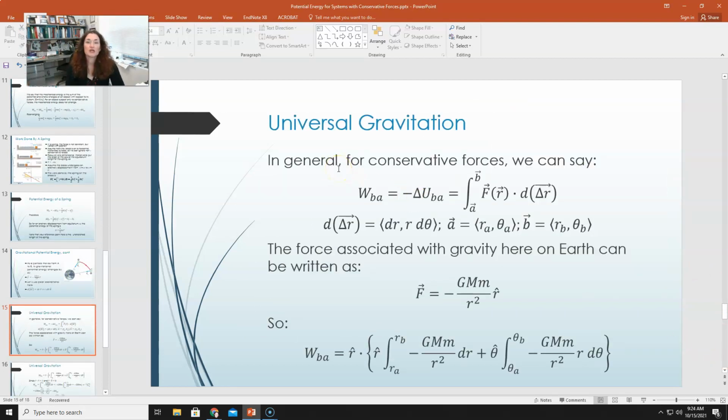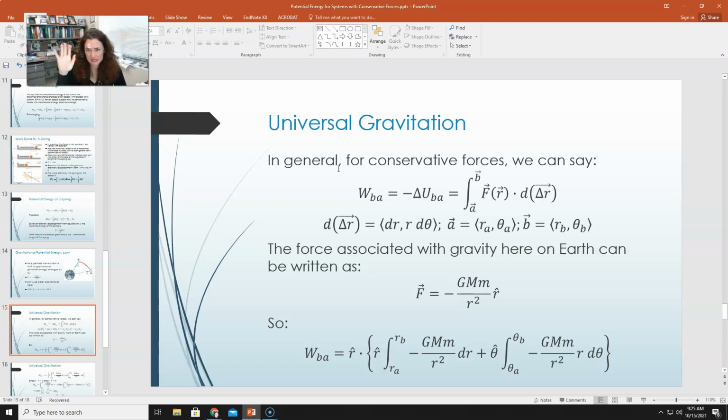Okay, so we're going to start again with our equation relating work, potential energy, and the force. In general, for conservative forces, we say that the work, if you're moving from A to B, W sub BA, would be the negative change of the potential energy, negative delta U BA. And that would be the integral from position A to position B of F dot the displacement, here d delta r.